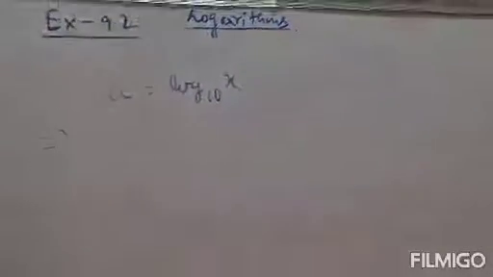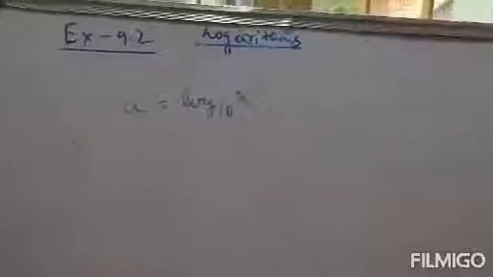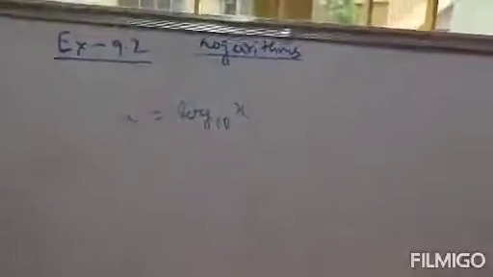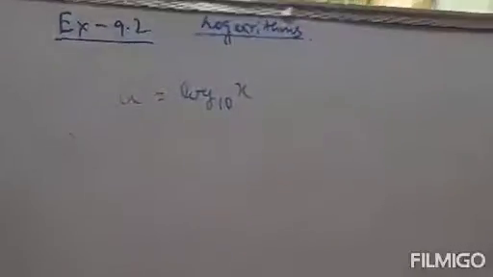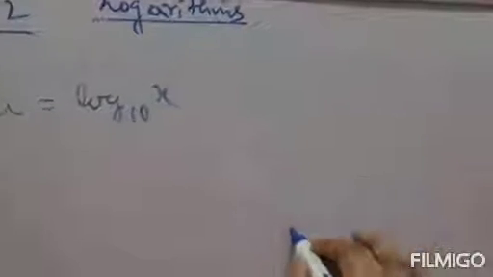So, log base 10 of x. Just recall the formula of exercise 9.1. That formula will be applied, and we can easily calculate the value of x. I am showing the formula in the rough space.